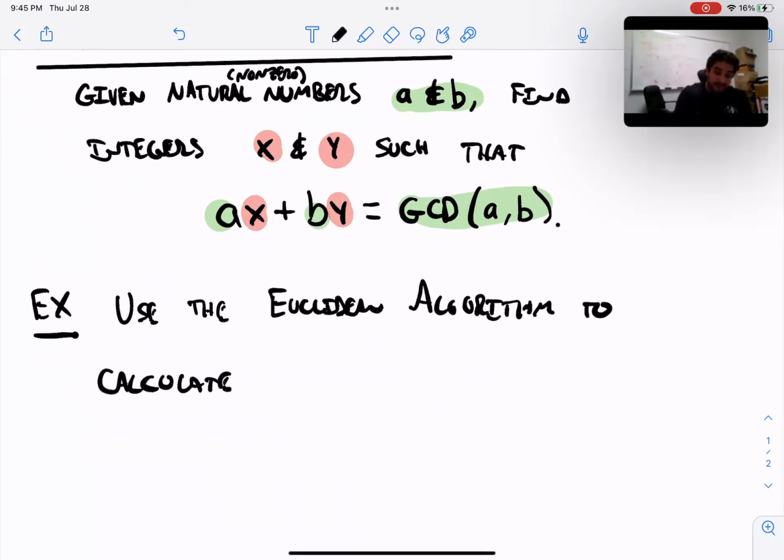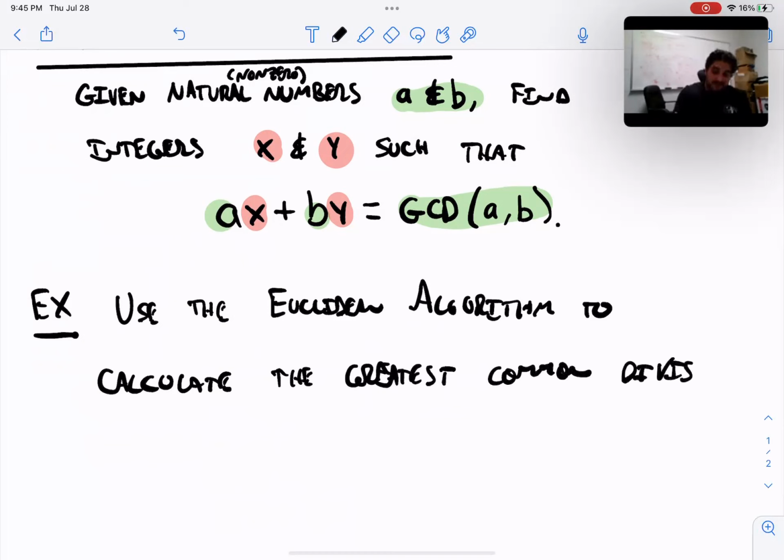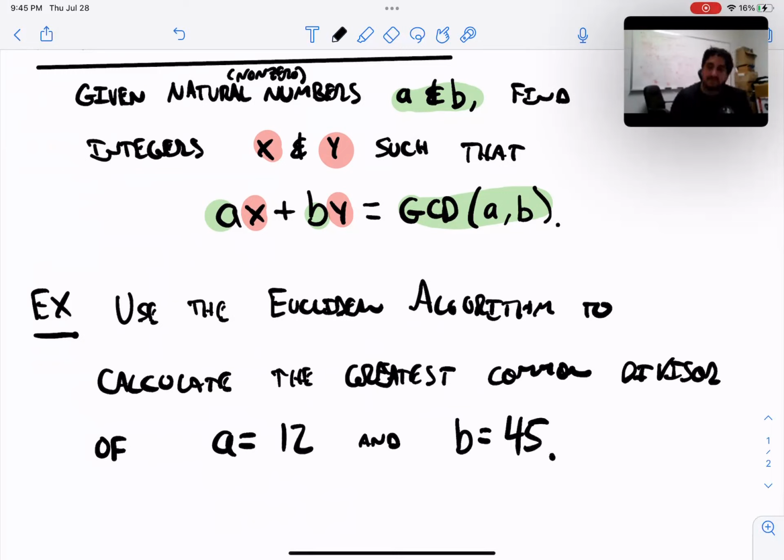In particular, I'm going to calculate the GCD of the numbers 12 and 45. Right, so I'm going to use these two as my numbers.